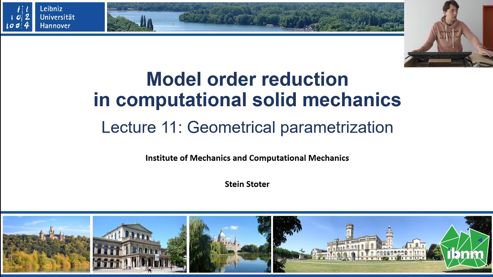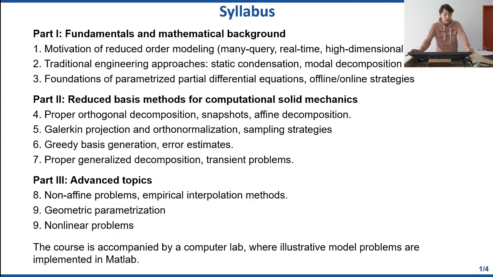To put this into context of where we are right now: we've done all the fundamentals, we have talked about all the basic reduced basis methods, except for the 7th one. Last time we talked about non-affine parameter dependence and how we can still fit that into the model reduction framework.